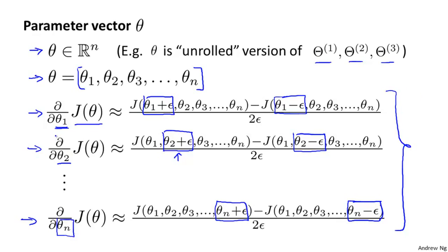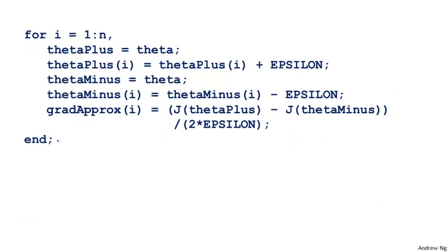Concretely, what you implement is the following. We implement the following in Octave to numerically compute the derivatives. We say for i equals 1 through n, where n is the dimension of our parameter vector theta, and I usually do this with the unrolled version of the parameters. So theta is just a long list of all of my parameters in my neural network, say.